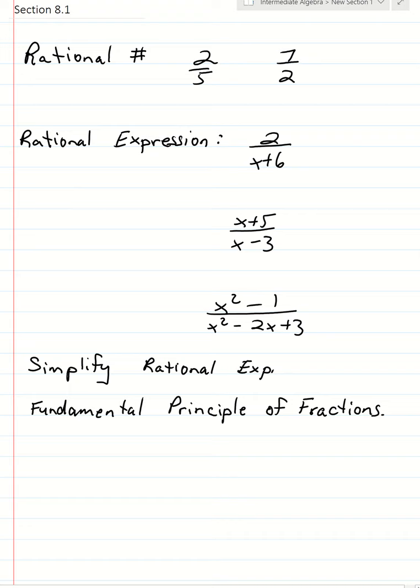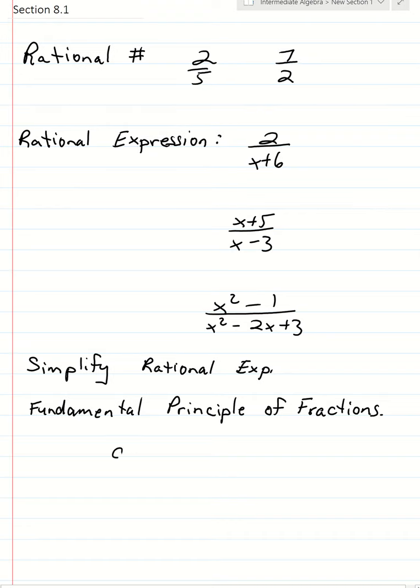And this is what the fundamental principle of fractions tells us. A times k over b times k. Well, let's take a look at what's going on here. We have the quantity A times the quantity k over the quantity B times the same quantity k.